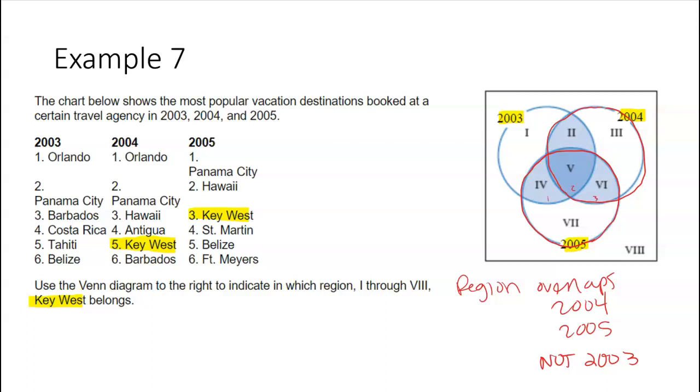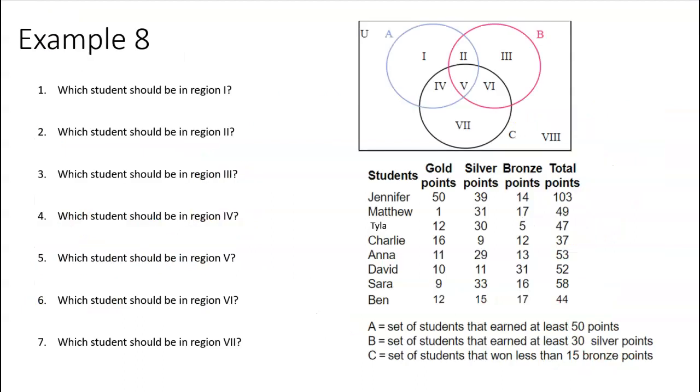Oop, not that one, right? This one does not overlap 2004, just these 2 sections. Now, what's the difference between these 2 sections, this one or this one? Well, this one also is 2003, and we don't want that. We just want the overlap between 2004 and 2005, so it's this section right here. It's region 6.